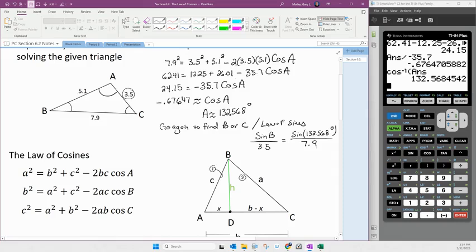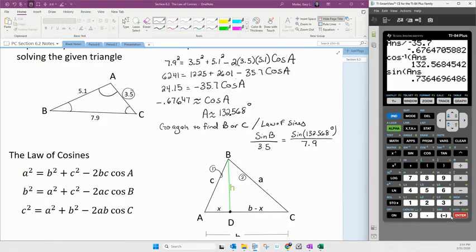And so, to answer my question, I'm just going to take the sine of the angle I just found, 132, and divide by 7.9, and multiply by 3.5.